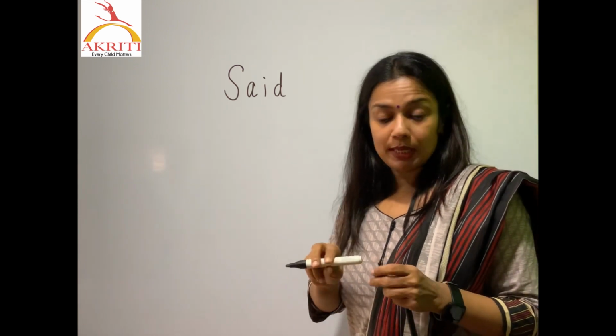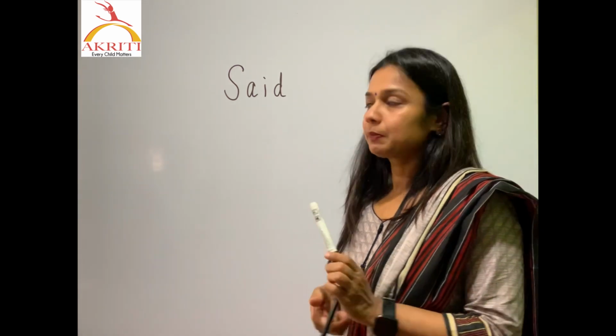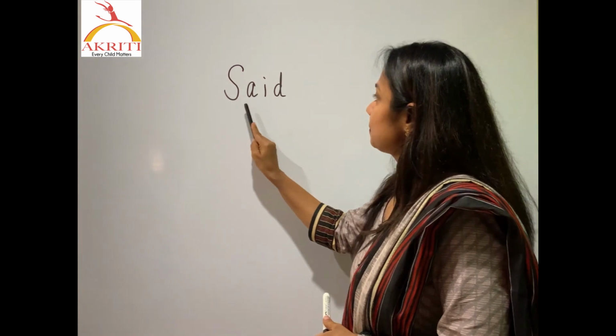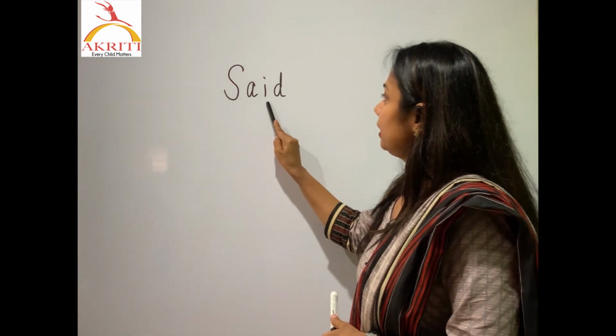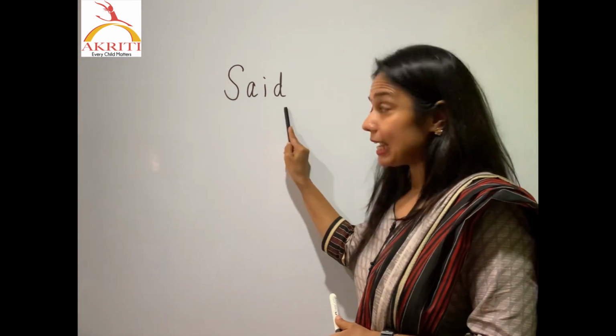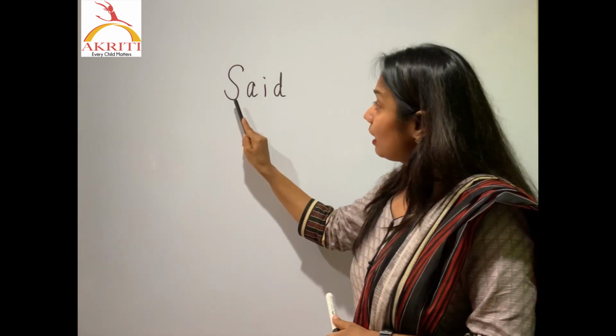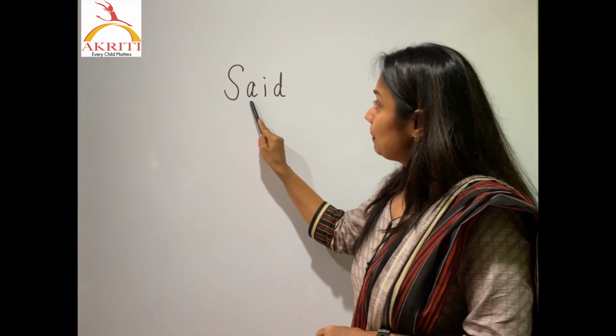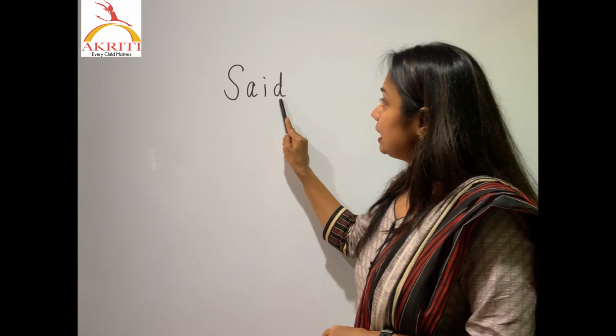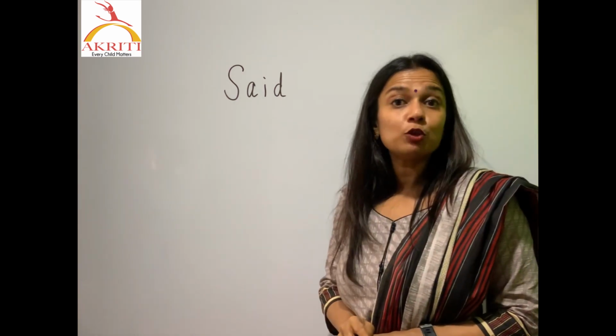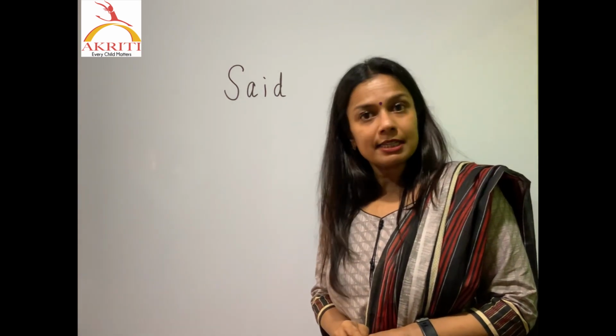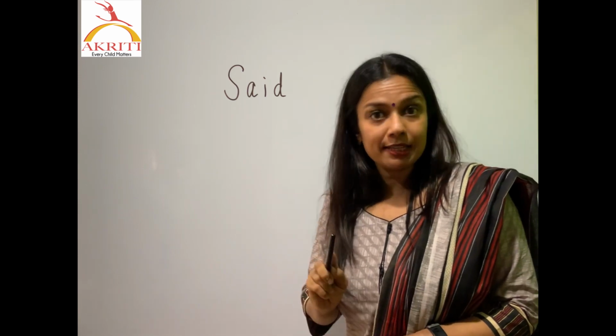And this has to be done twice. S, A, I, D, said. One more time. S, A, I, D, said. That was number 2.